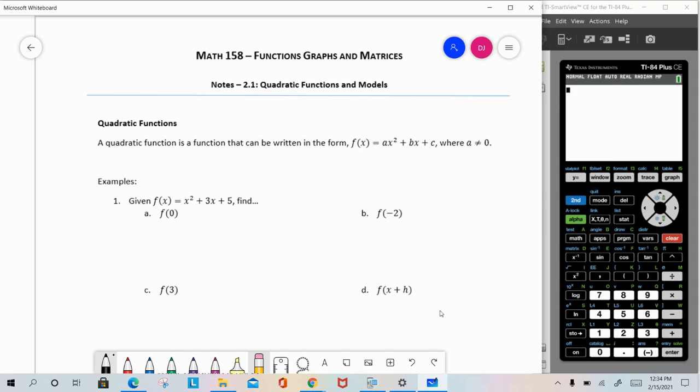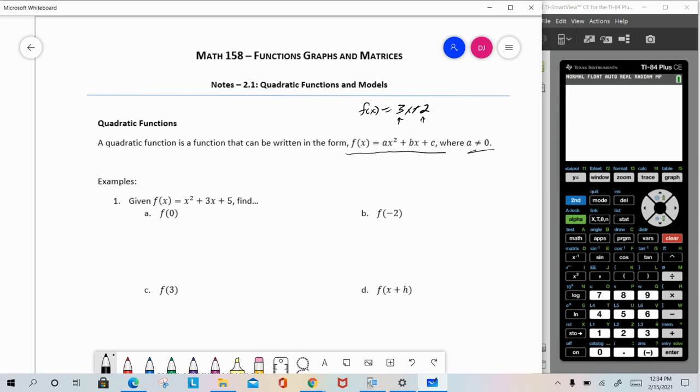Okay, so what we're going to do is look at quadratic functions. A quadratic function is a function that can be written in the form f of x equals ax squared plus bx plus c, and again, the a is not 0. So if I write the function f of x equals 3x plus 2, notice that we got a 3 here and a 2 here.